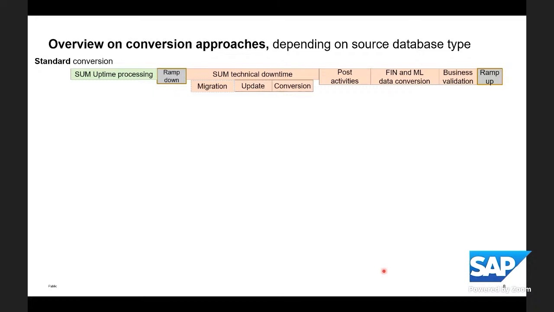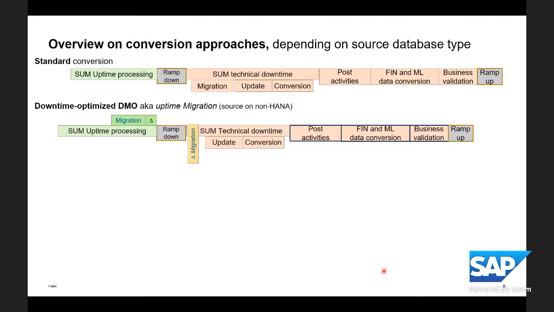The next approach that is introduced here is downtime-optimized DMO, also known as uptime migration. This specific migration approach, downtime-optimized DMO, is only supported, is only possible if the source is not yet on SAP HANA database, because only then we have the migration case.